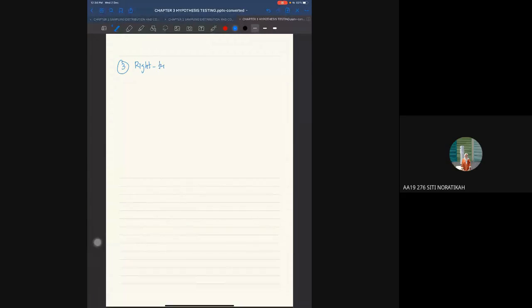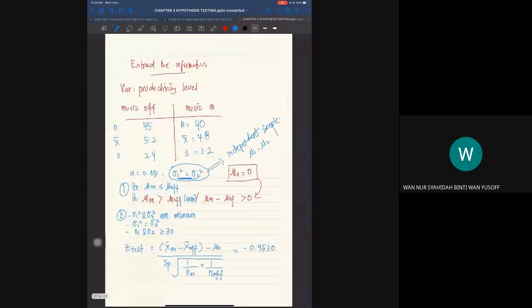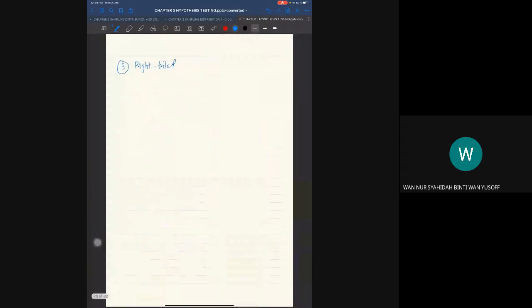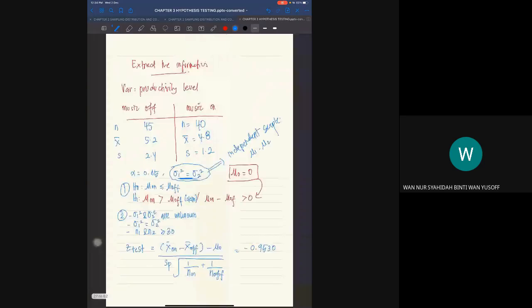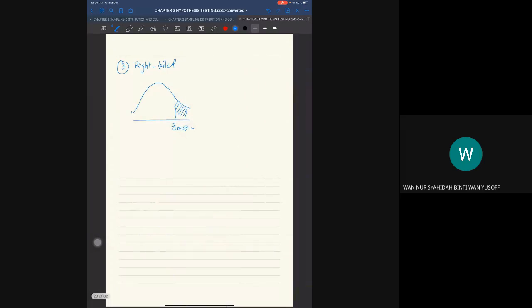No. Okay, so we have the Z test, so the critical value should be Z alpha. The alpha is 0.05, so we have 1.6449. Okay, so this is the rejection region. Just to recall, and this is the acceptance region.